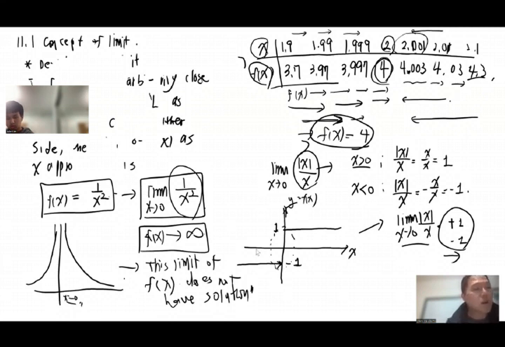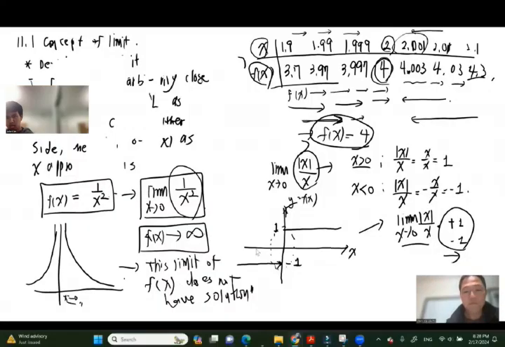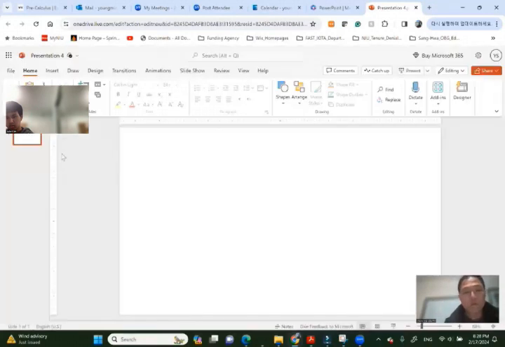Let's take a look at some properties of limits. Okay, so let me clean up this page.